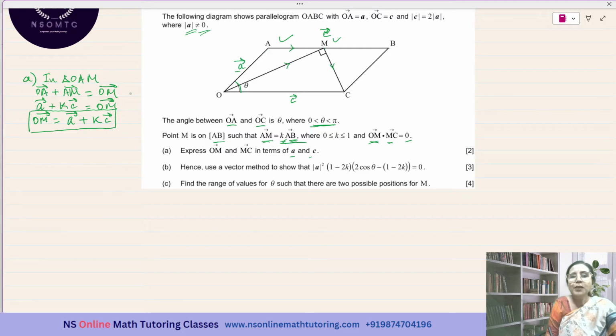And for the MC vector, MB is this way, and since OA is in this direction and OC is in this direction, I can take this in this direction. So this is vector a because it is a parallelogram, and I need to find the MC vector.